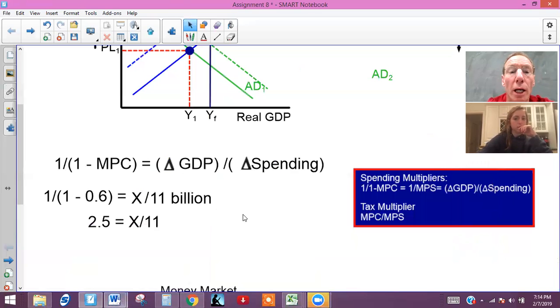In general, the other thing you need to think about is the reason why there's a multiplier at all. When a person earns more income, they consume more, so their spending becomes somebody else's income.